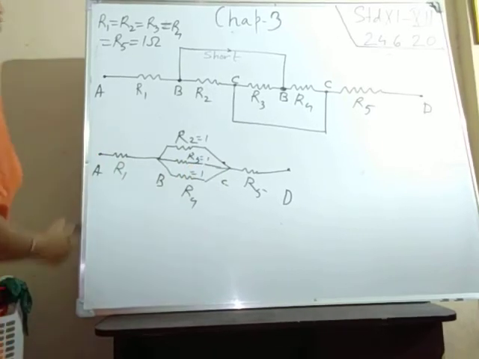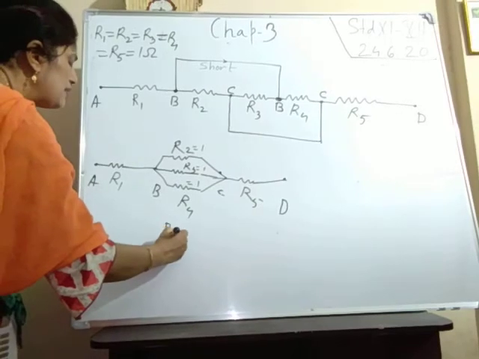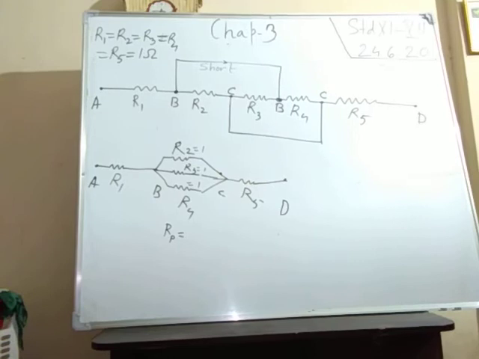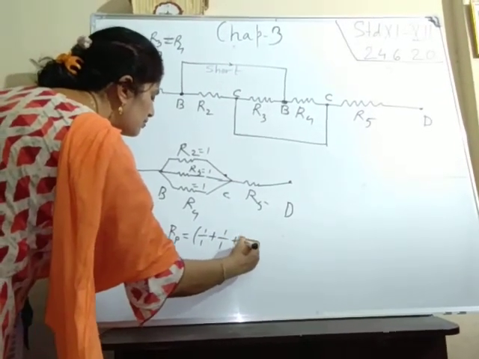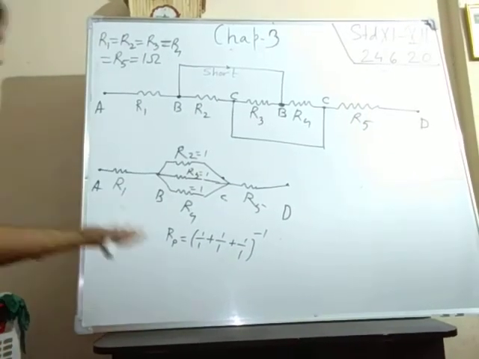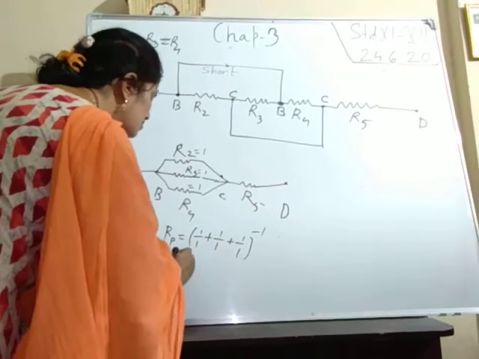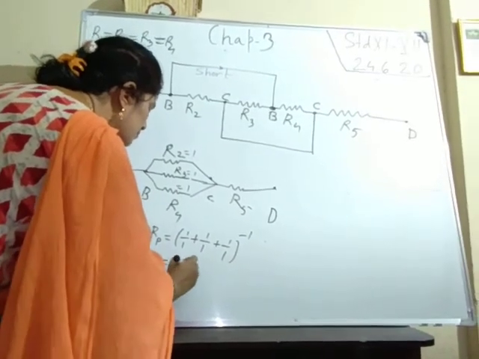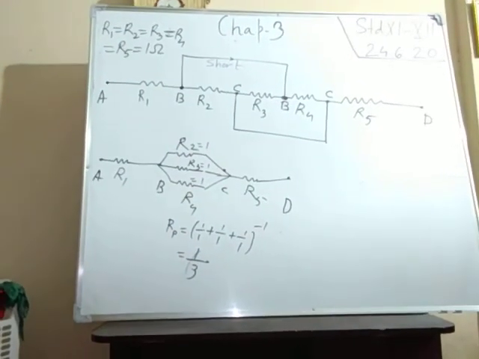Now for the equivalent resistance, at first we will solve this parallel part. So RP will be what? 1 by R inverse. No, sorry, 1 by 3. So RP will be 1 by 3.